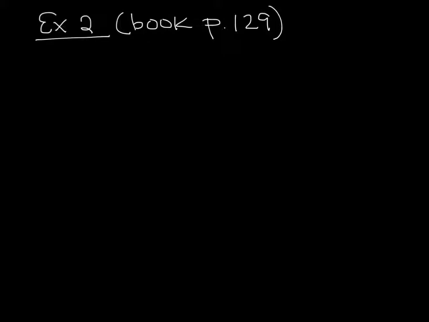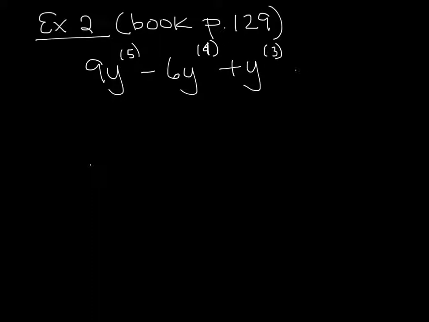This is a fifth order differential equation. So we have 9y to the fifth, minus 6y to the fourth, plus y to the third equals 0. And I'm going to make that nicer. It's going to bug me. Okay, so again, we need the characteristic equation.